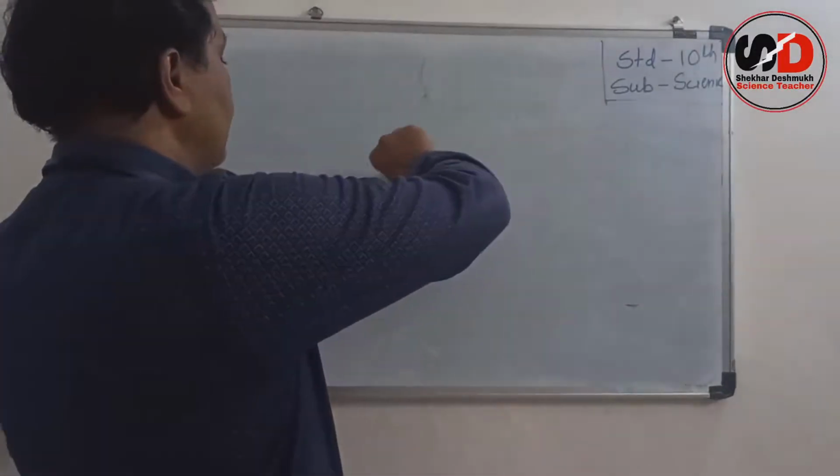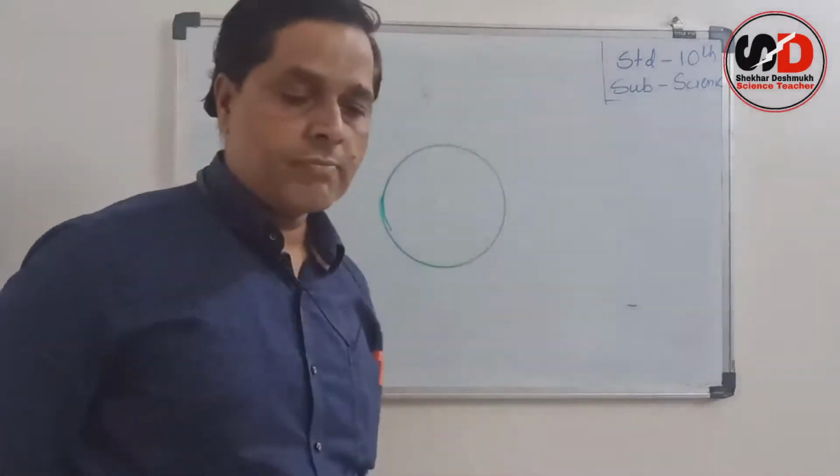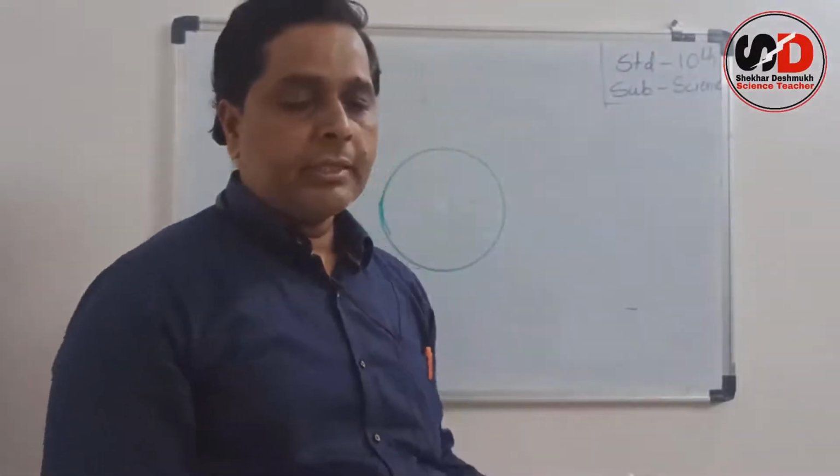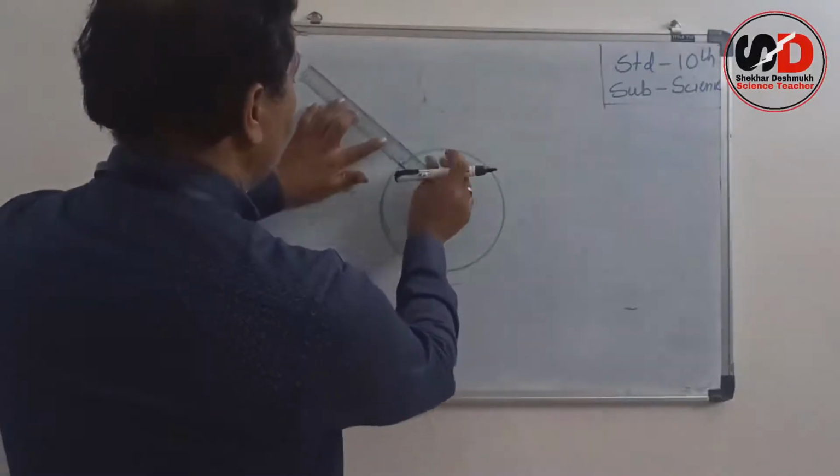Suppose this is a water droplet, and the incident ray of light falls on it. Suppose the white light falls here.